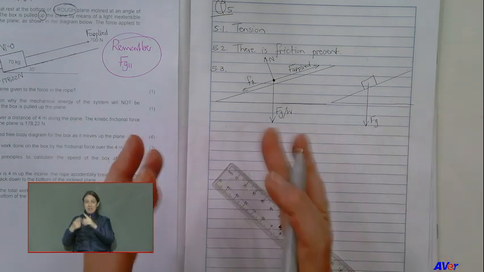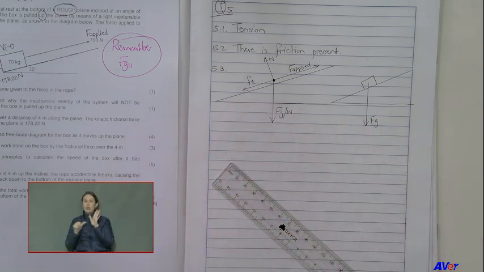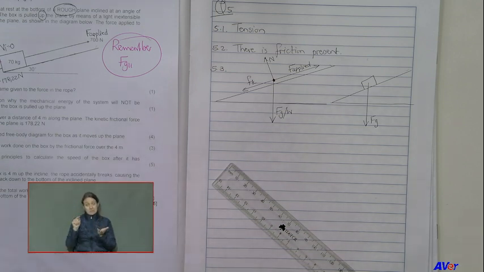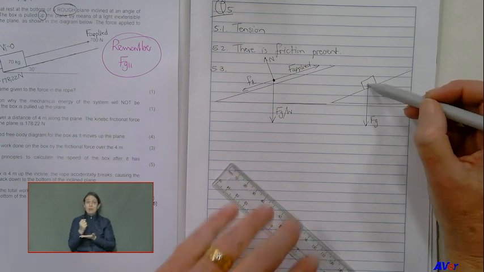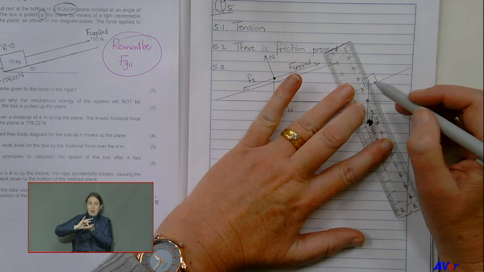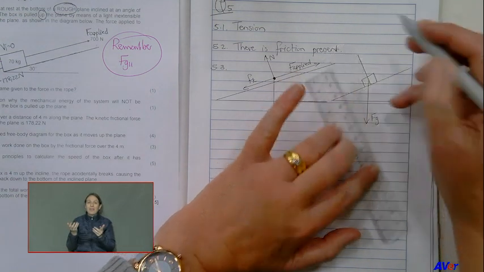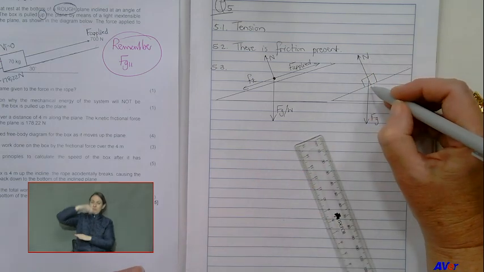Okay, so it's not part of this answer. I just want to show you what is important because they stressed it somehow. Gravitation must always be from the middle of the block. The normal force must be from the surface upwards, so it doesn't start in the middle, it starts on the surface.